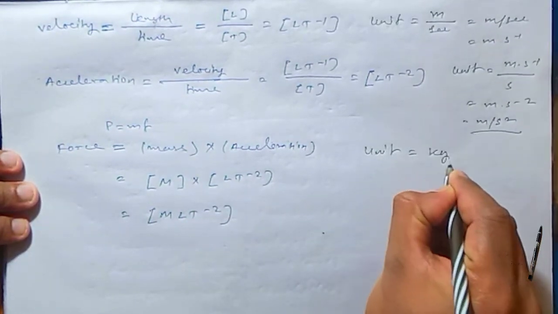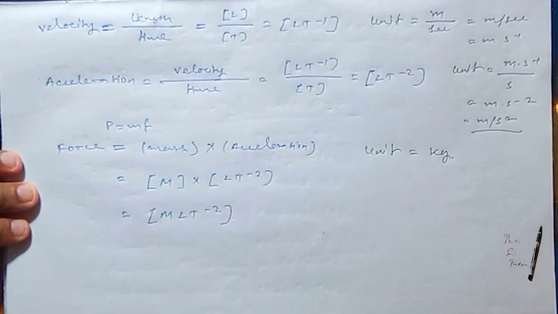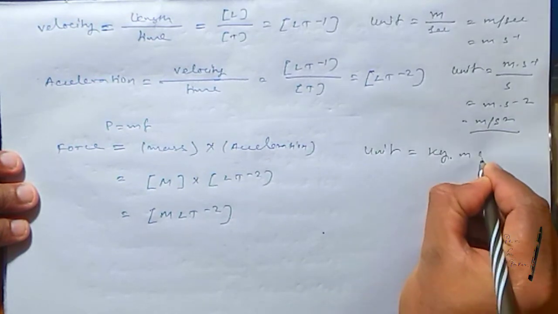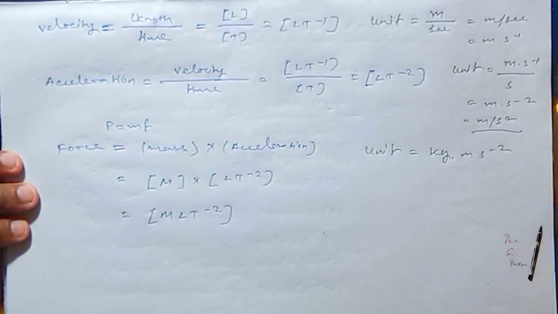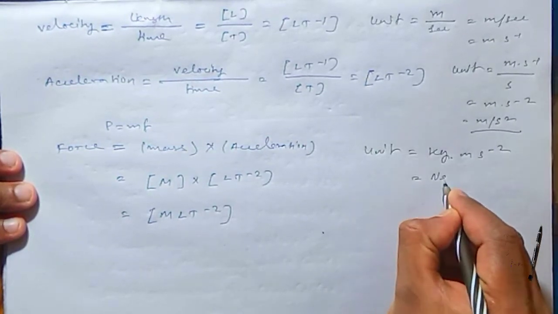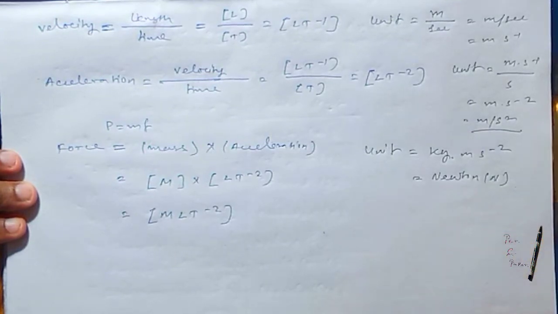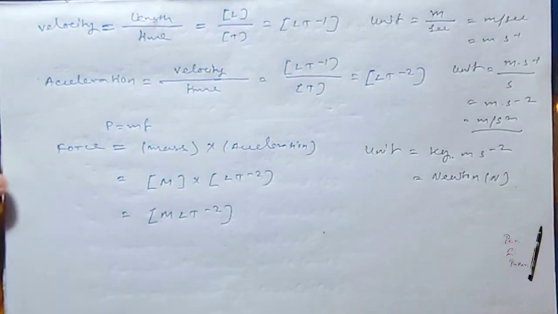It is kg for mass, and for the acceleration it is meter second inverse 2, meter per second square, which we popularly know as Newton.